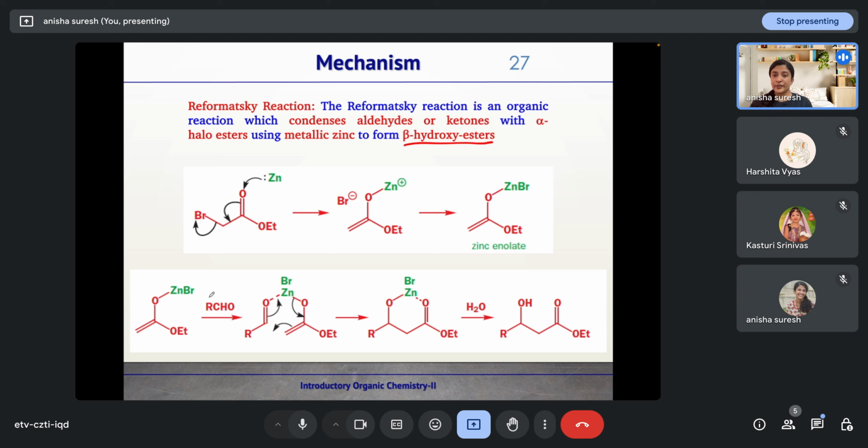Now the electrophilic compound will coordinate with the zinc enolate, leading to formation of this transition state, and this bond will break, and this carbon carbon bond will attack the electrophilic carbon, and an O-Zn bond will form, leading to formation of this compound, and this upon hydrolysis will give the beta hydroxy ester.